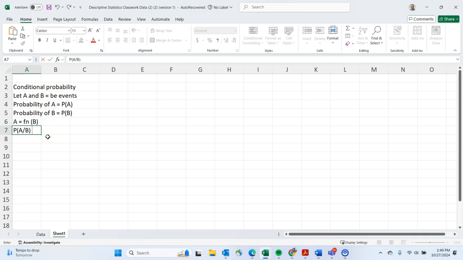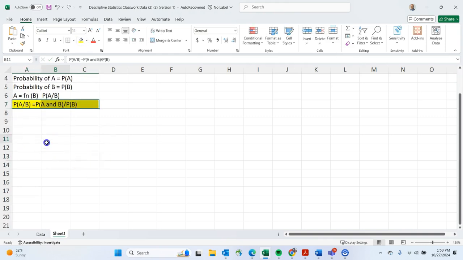And in this case, the formula for conditional probability is the probability of A and B, or we can call it A times B, or A intersection B, divided by the probability of B. So that is the formula for conditional probability, which gives the probability of A given B occurs.